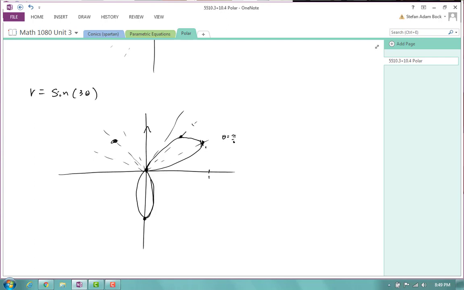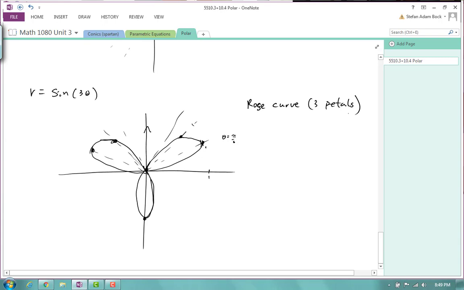Minus 2 pi, that reduces to sine of 3 pi over 6, which is sine of pi over 2, which is 1. And then if I plug in pi, I'll have sine of 3 times pi, which is sine of 3 pi, which is equal to 0. So it looks like I went back up this way and made another loop, and then went back to 0. So this is called a rose curve. 3 petals.